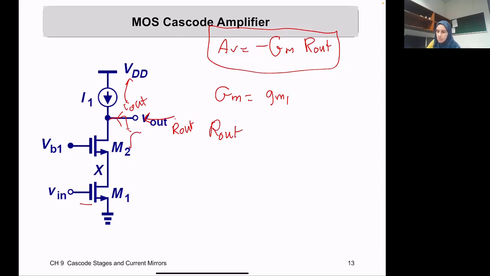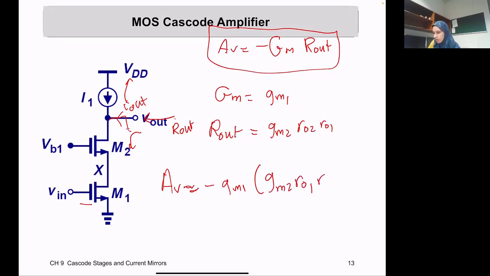What about down? Down we see a cascode that has an impedance of GM2 times R out 2 times R out 1. So the entire gain of the circuit will be minus GM1 multiplied with the output impedance, which is GM2 R out 1 times R out 2.